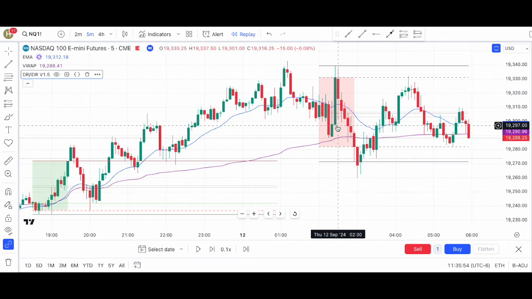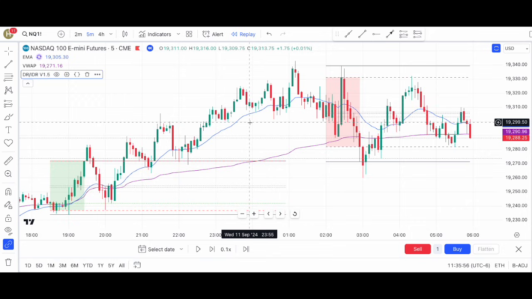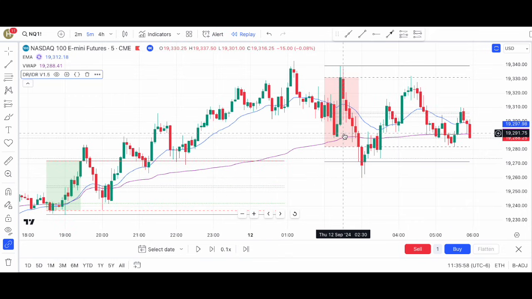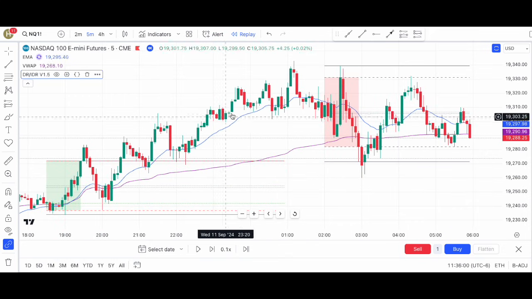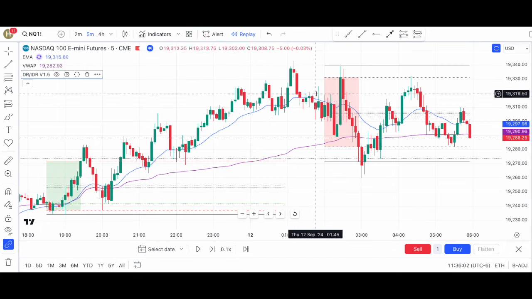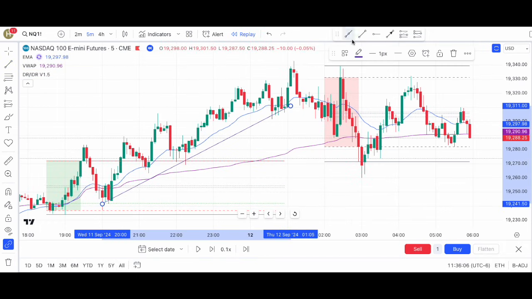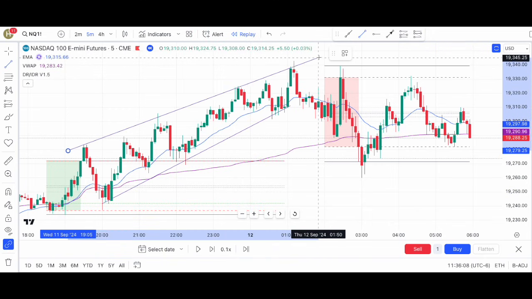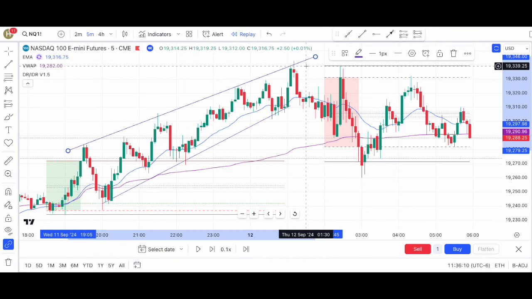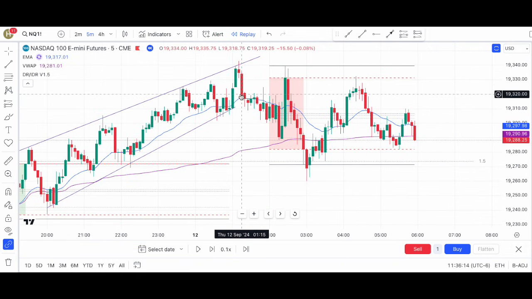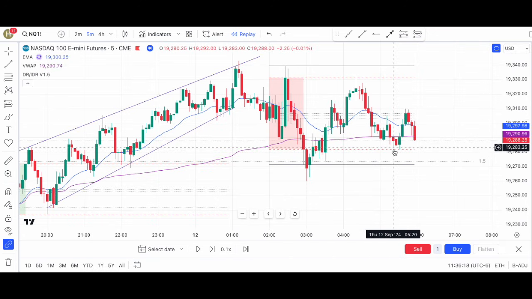Okay, so now I'm going to zoom in more closely and look at a tighter range. Here I see a pretty distinct trend channel right in here, sort of. But that's broken. And now we went down and now it looks like we're more in a trading range.